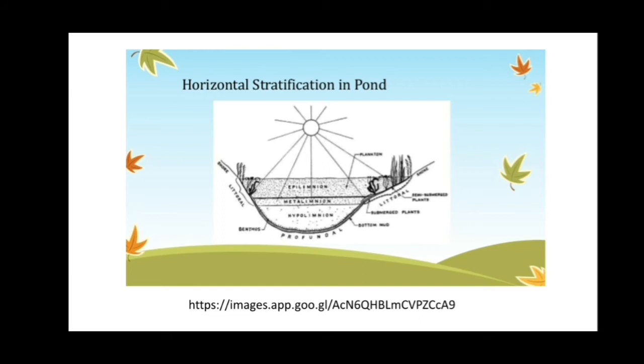and it is different in aquatic and terrestrial habitats. Now the horizontal stratification in a pond. So you can see the horizontal stratification in water bodies. Thus you can see here there is zonation depending on the composition and the depth of the water body. So what are the zones?